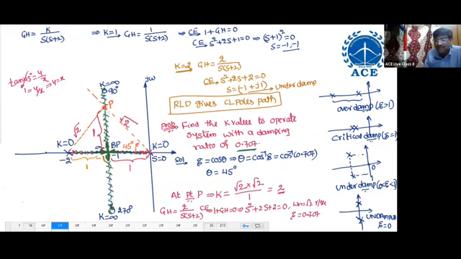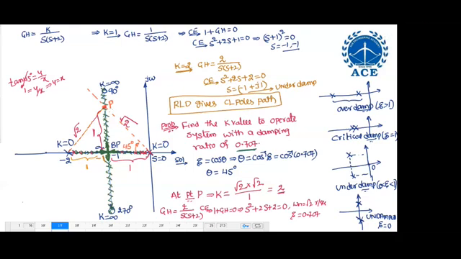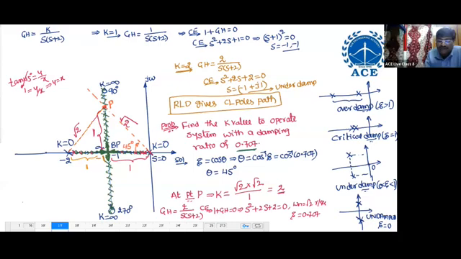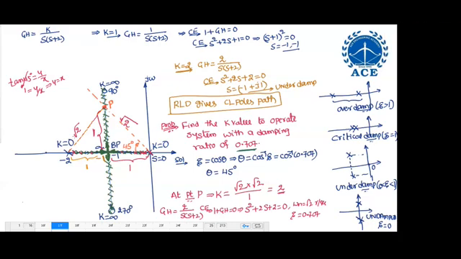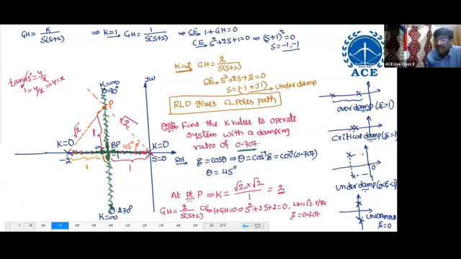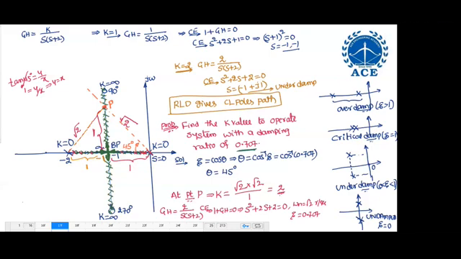After that, product of lengths. From this point, find the length: √2. This length is 1 unit, this length also 1 unit, since 45 degrees means x equal to y. So this is √2, this is √2, √2 into √2. Okay, sir.